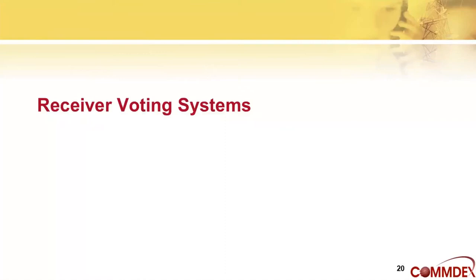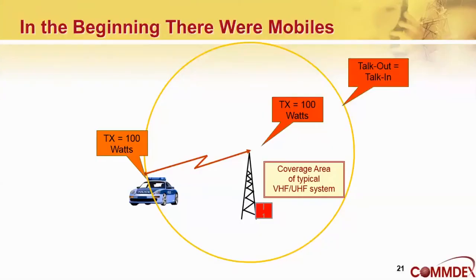We're going to talk about receiver voting systems. So way back in the dark ages, there were only mobile radios out there and base stations. And both the base stations and the mobiles transmitted at about 100 watts.